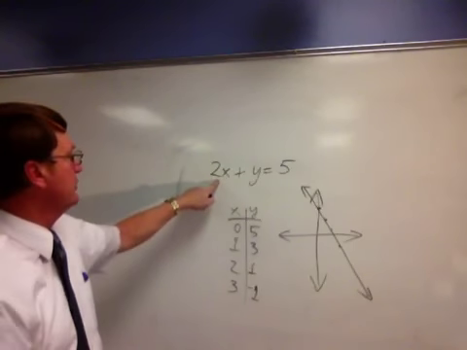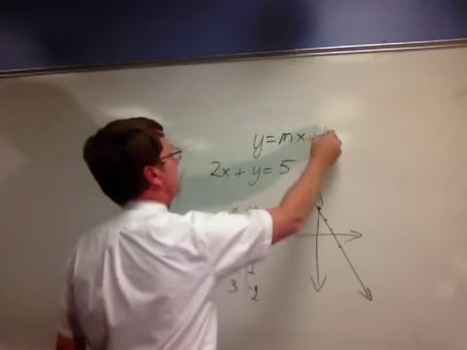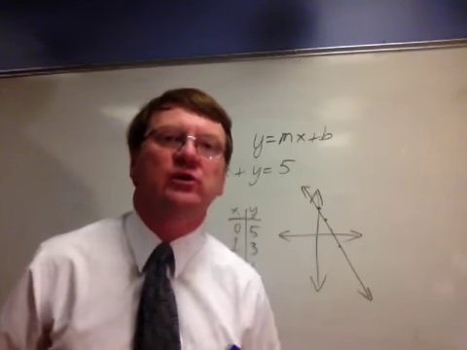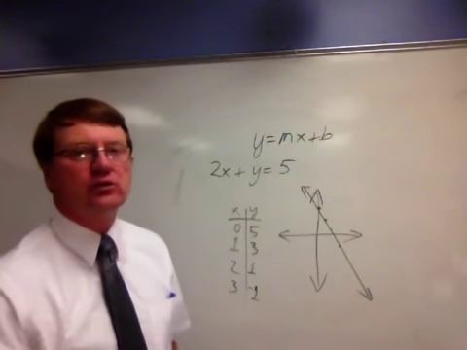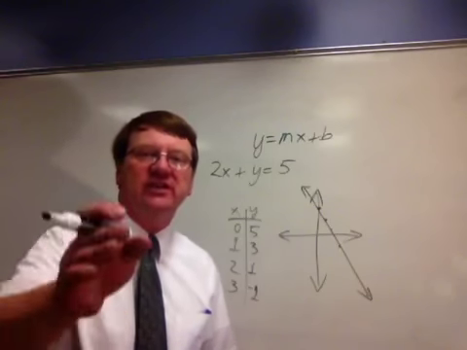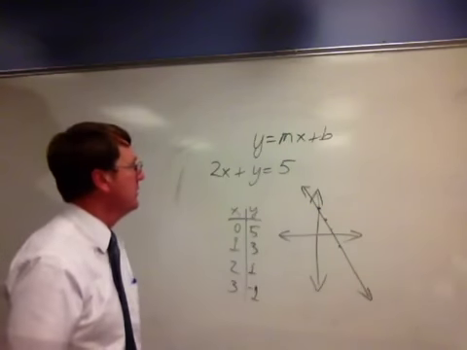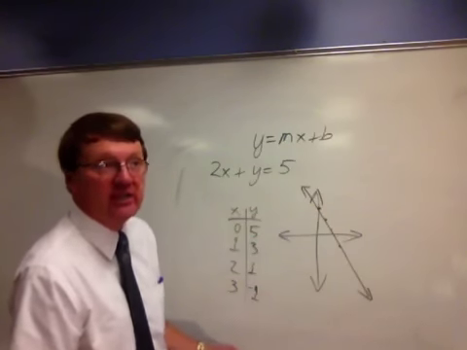The slope is not 2. Slope-intercept form is y equals mx plus b, through Algebra 1, Algebra 2, geometry, and calculus. One of my former students is a freshman at UNL. First day of calculus, slope-intercept form. You'd better know it. It's very crucial for understanding how things change.